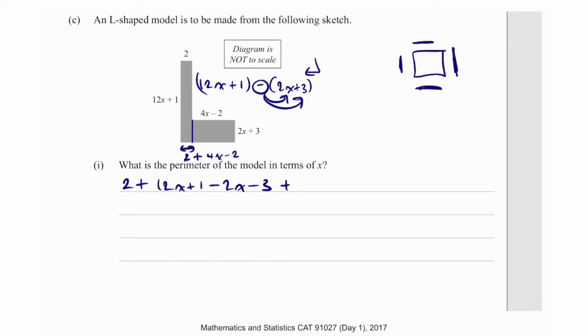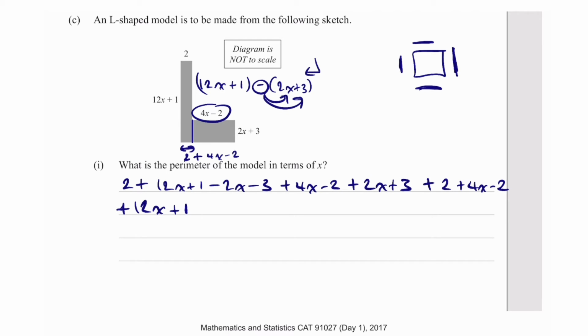That's added with 4x minus 2. That's added with 2x plus 3. That's added with 2 plus 4x minus 2. And that's added with 12x plus 1. So we've got a pretty messy sum here. Let's simplify down.